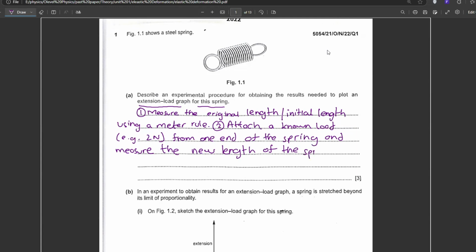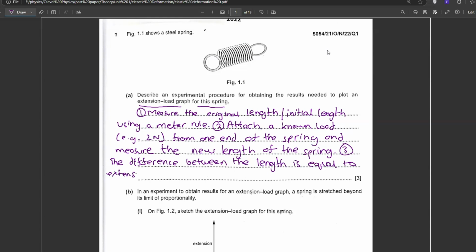The difference between the lengths gives you the extension.